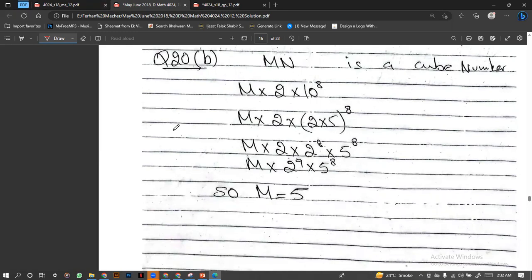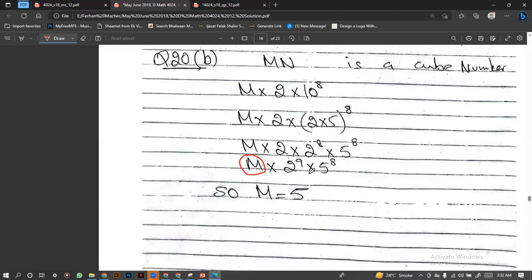So m multiplied by n, m multiplied by 2 times 10 power 8. 10 means 2 into 5, so that is m into 2 raised to power 8, multiplied by 5 raised to power 8. So it is m into 2 raised to power 9 into 5 raised to power 8. You see, this is 2 raised to power 9, so it's a cube number because 9 is a multiple of 3. And here we have 5 raised to power 8. So what should m be? To make it a cube number, m should be 5.